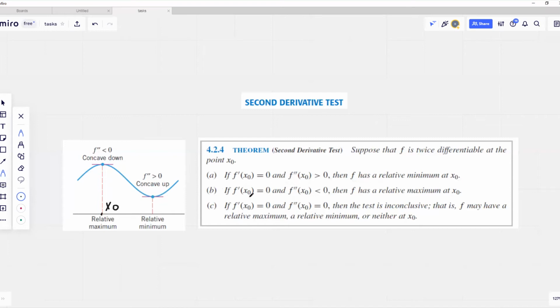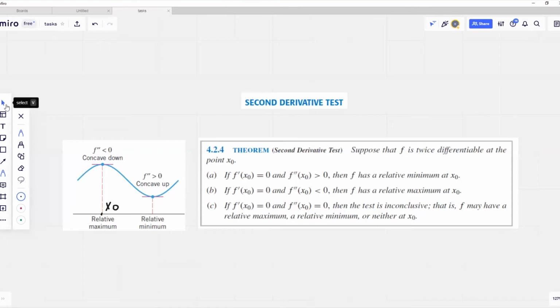And if the first derivative is 0 and the second derivative is negative, so our function is concave down at that point, then our function has a relative maximum at x0. And in case both first and second derivatives are 0, then the test is inconclusive, meaning that we can have either a relative maximum, a relative minimum, or no relative extrema at all at that point x0.